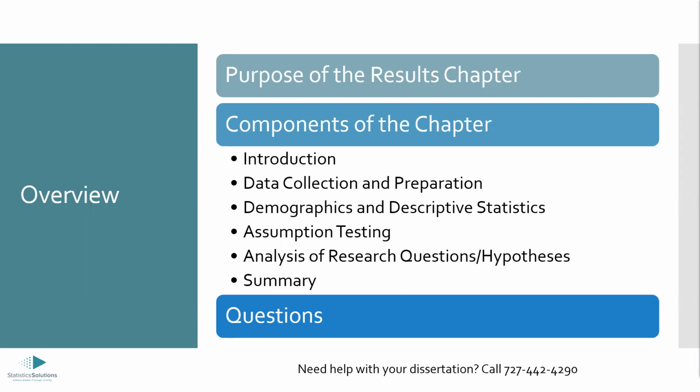And then at the end of the presentation, we'll have an opportunity for you to ask questions. So once we're through with the presentation, you can type your questions into the questions section, and any questions that aren't answered through the course of the presentation, I'll do my best to answer at the end of the presentation.